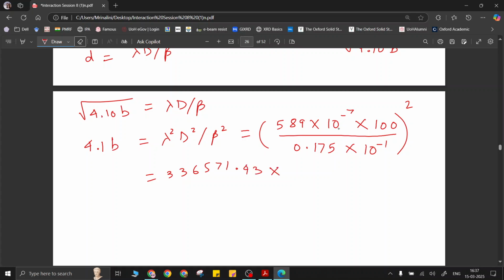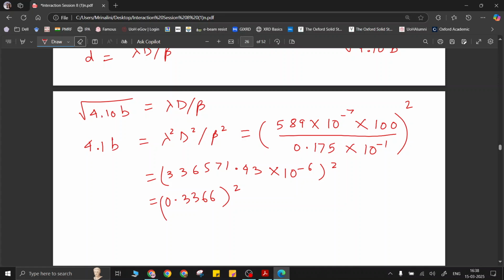Now the exponents: here I have 10 to the power minus 1, here it's minus 7, so this will be plus 1. 1 minus 7 is minus 6, and whole square. This will become 0.3366.